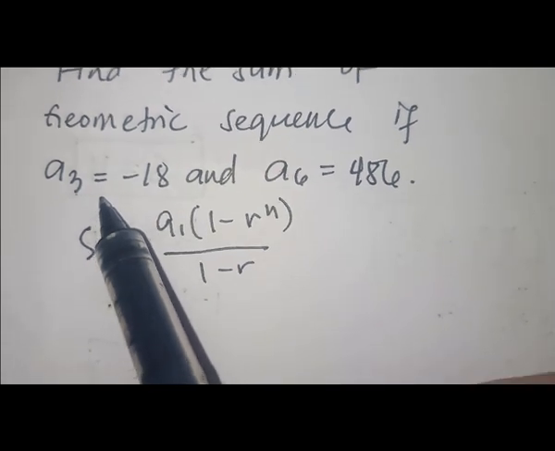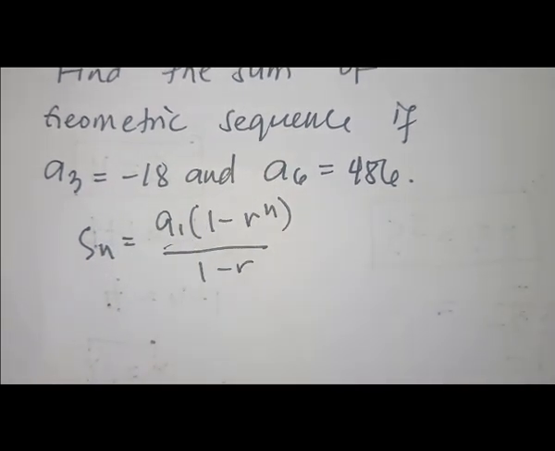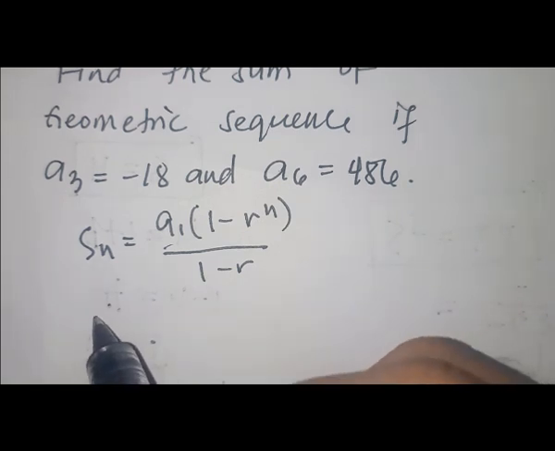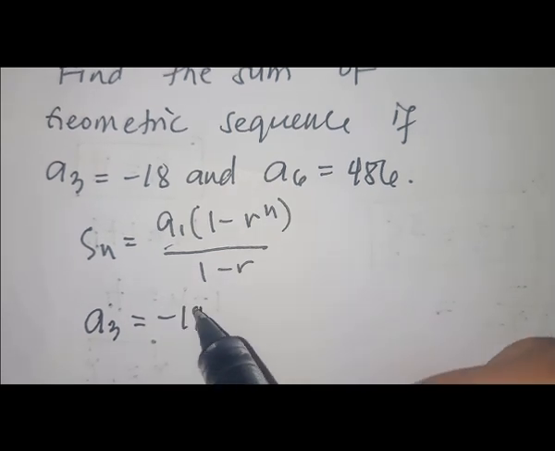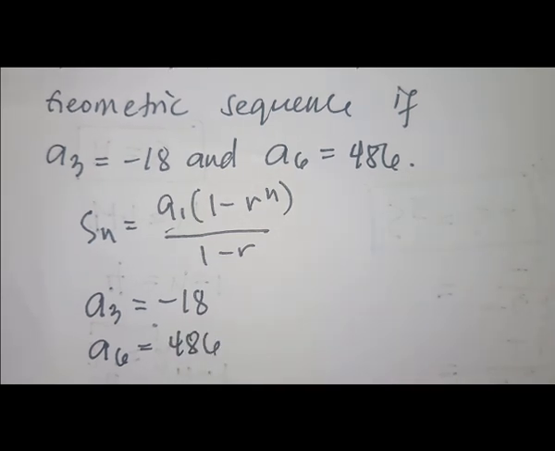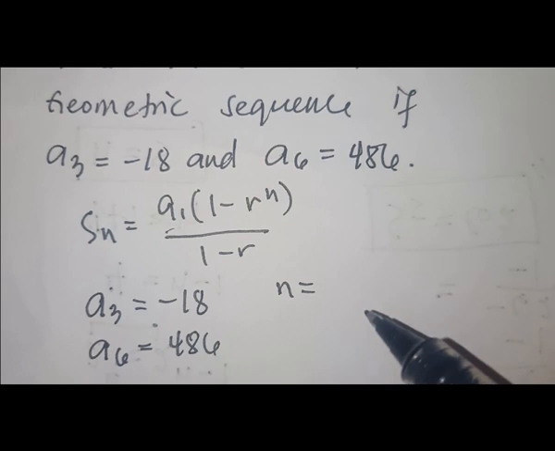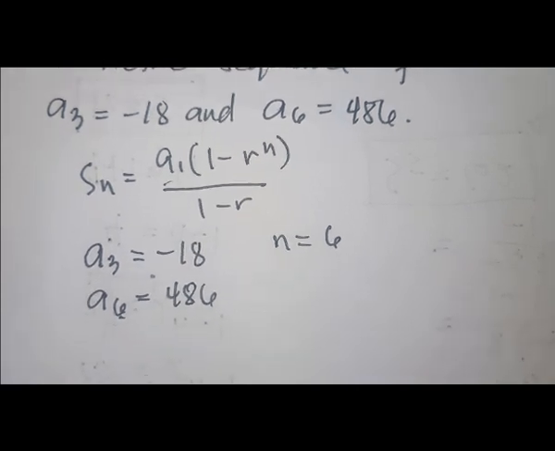Kung i-observe niyo yung problem, hindi pa rin siya mag-fit dun sa ating formula ng geometric series. Bakit? Kasi ang given natin dito ay a sub 3 is equal to negative 18, yung a sub 6, which is equal to 486. At syempre, yung n, meron tayo dahil meron tayong last term, which is equal to 6.